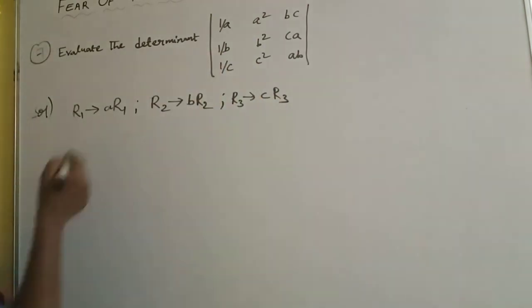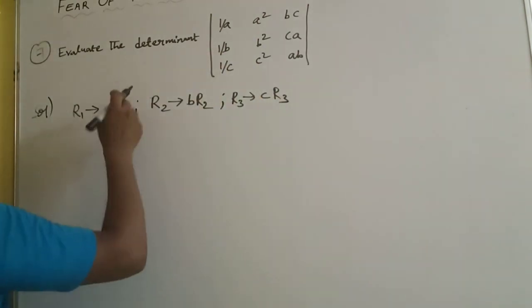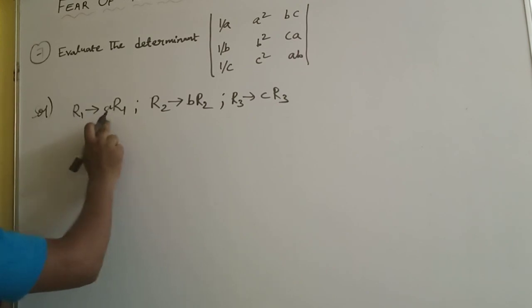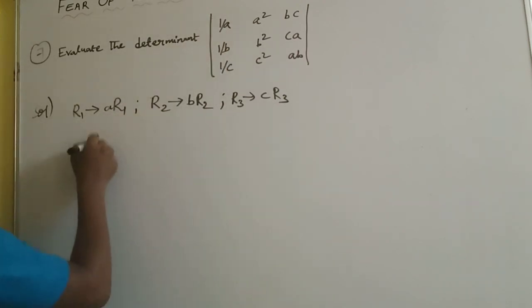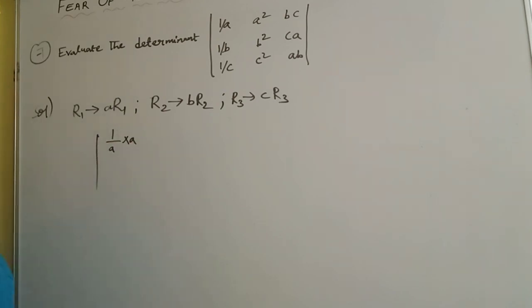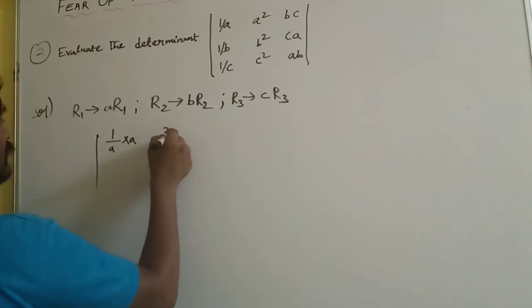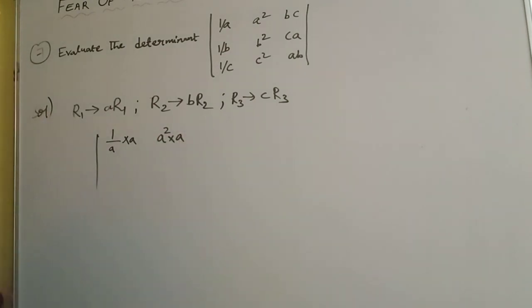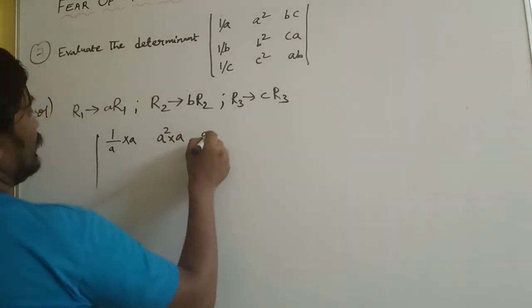Then what is possible to get? Check. So total R1 multiplied with a. So then what do you get here? 1 upon a into a square into abc.